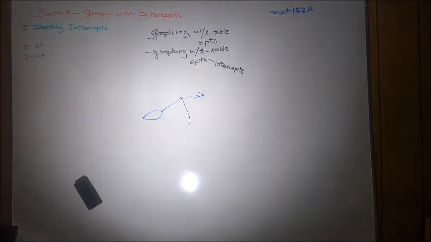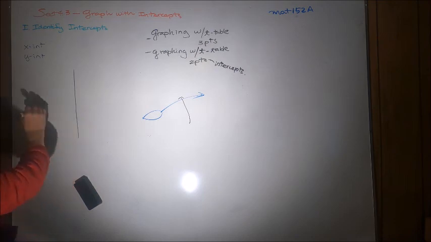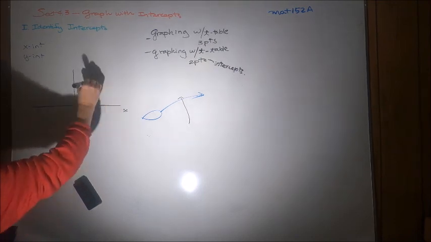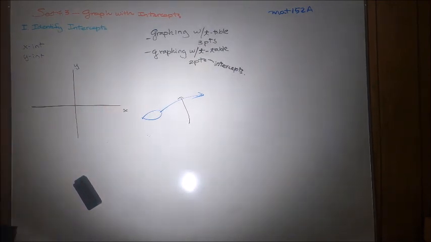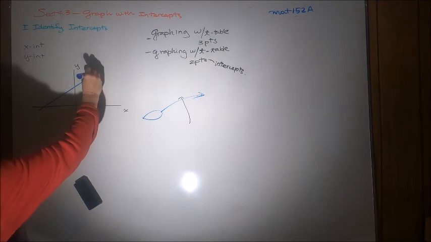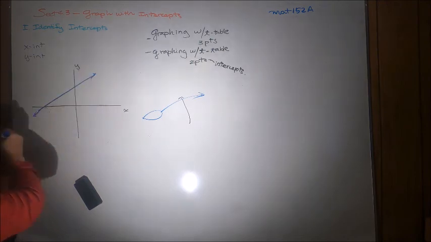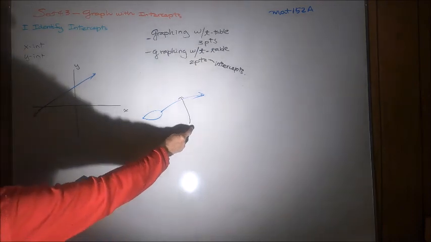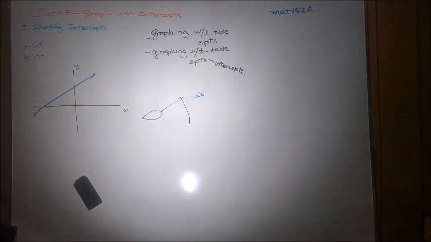So what do we mean by intercept? That means if the line goes a certain way, right? If the line goes this way, then something is intercepted.